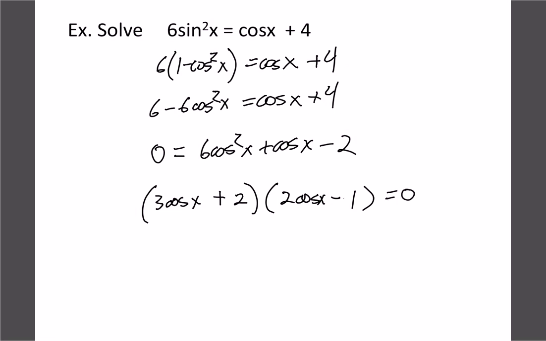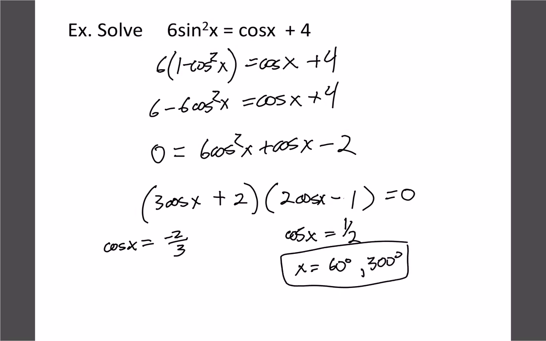So there's our equation. So now we would get cos x equals negative 2/3 if we divide that one out. And for our other equation, we should have positive a half. So the half, we just did one just like it. It would be 60 degrees and 300. So that one's pretty easy. The negative 2/3, not quite so easy. So you're probably just going to have to use your calculator in this case.